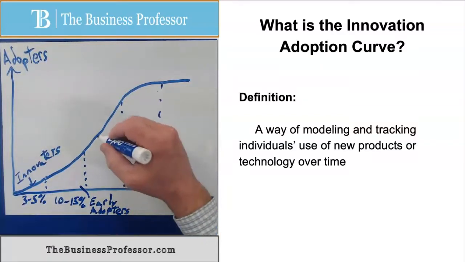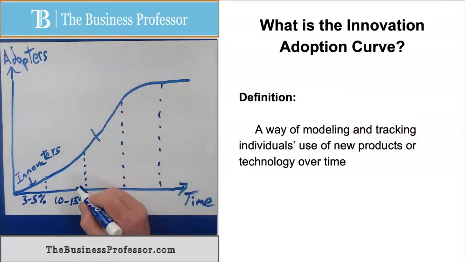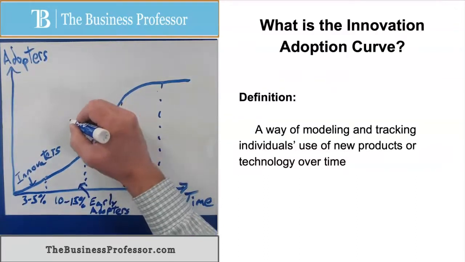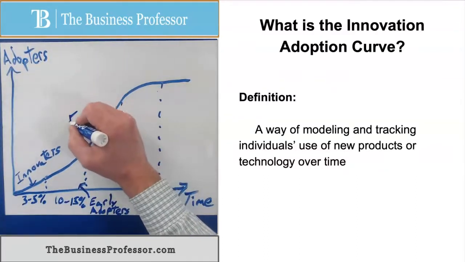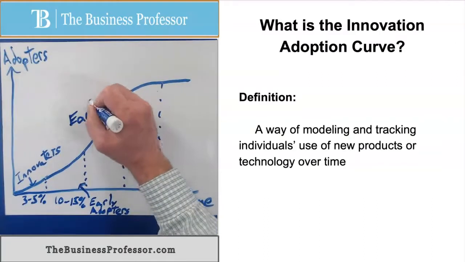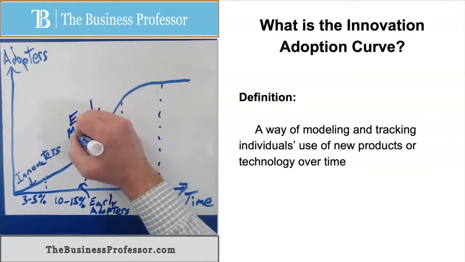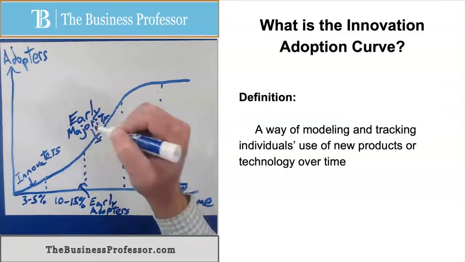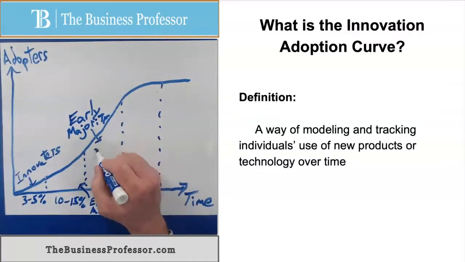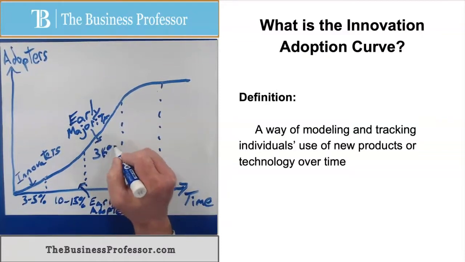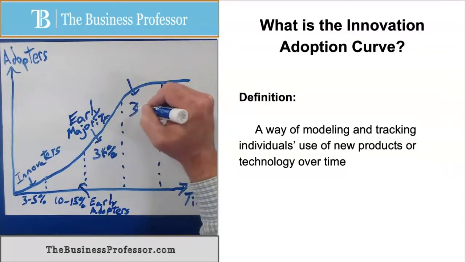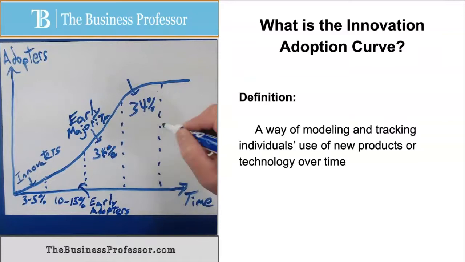Next, we have what's called the early majority. So we're getting into a much bigger group here. This could be about a third of people, roughly 34%. After them, we have the late adopters, which is roughly another 34%.